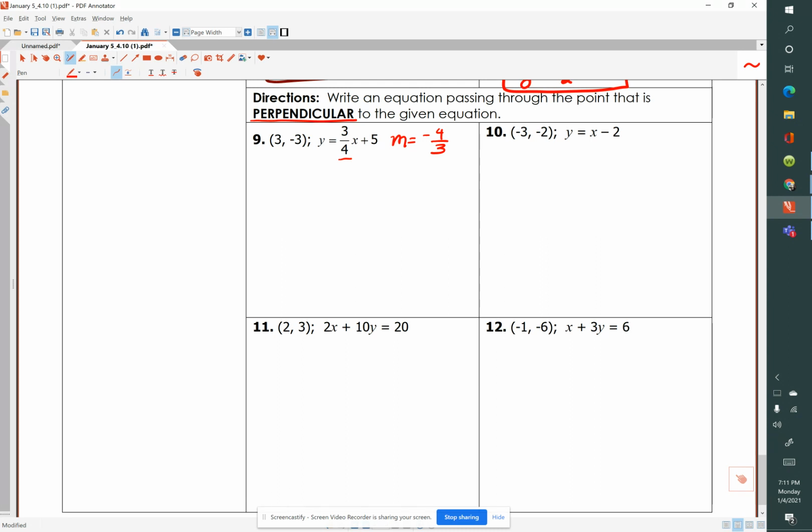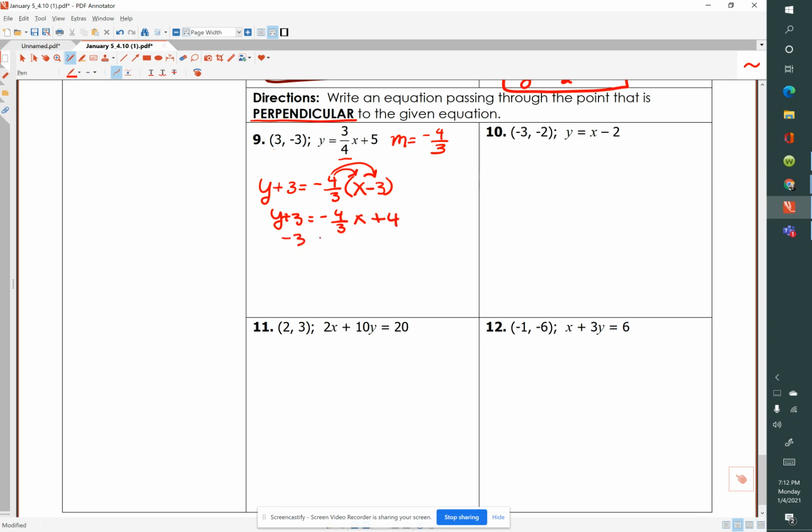So let's go with our point slope formula. Y minus -3 is y plus 3 equals -4/3, the negative reciprocal, times the quantity of x minus our x value here, which is 3, and then we distribute. Y plus 3 equals -4/3 x, and -4/3 times -3 is a +4.